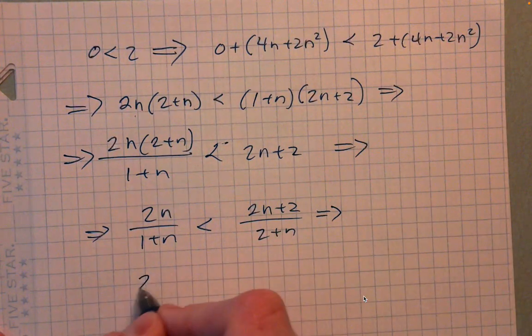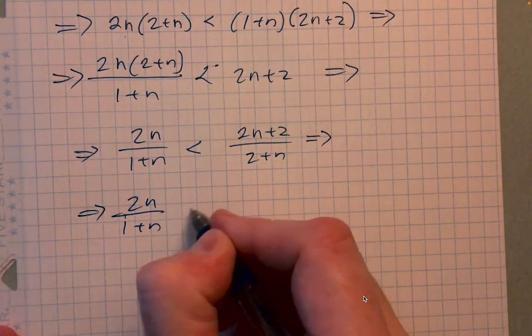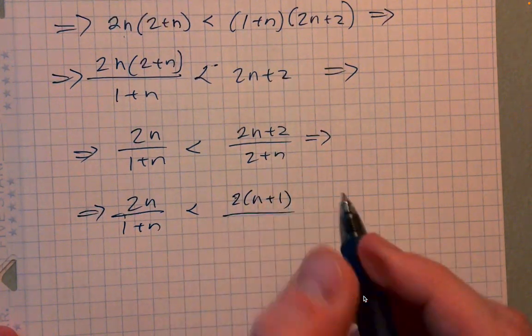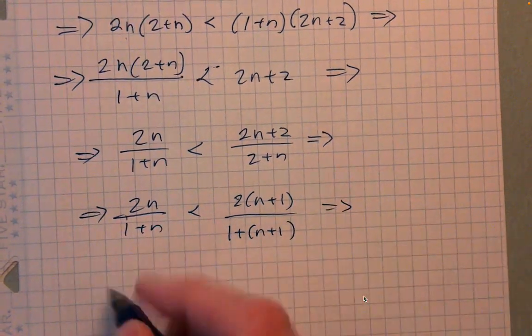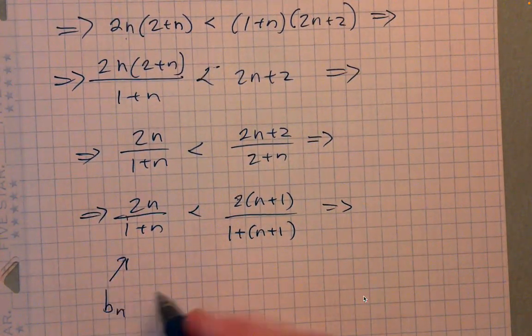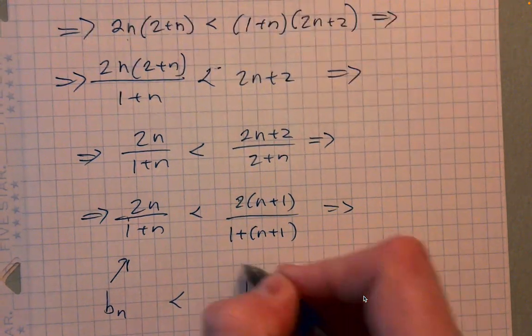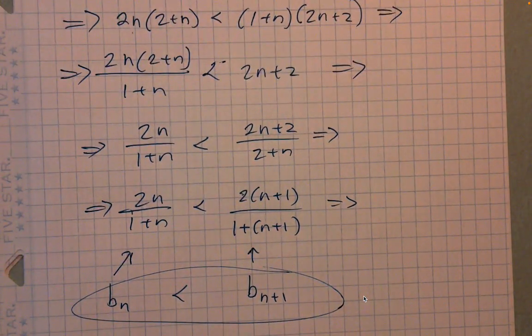We've got 2n over 1 plus n is less than 2 times n plus 1 over 1 plus n plus 1, and this is just b of n, and this is b of n plus 1. So we've proven that for any two terms n and n plus 1, this relationship holds.